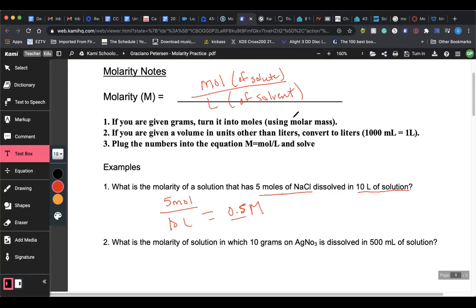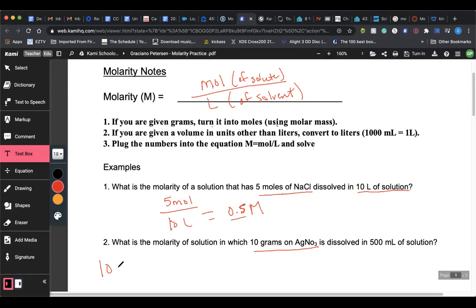All right, so this one requires more steps, right? Because it says, what is the molarity of a solution if 10 grams of silver nitrate is dissolved into 500 milliliters of solution? So what do I need to do? Well, step one says if I'm given grams, I have to turn it into moles using the molar mass.